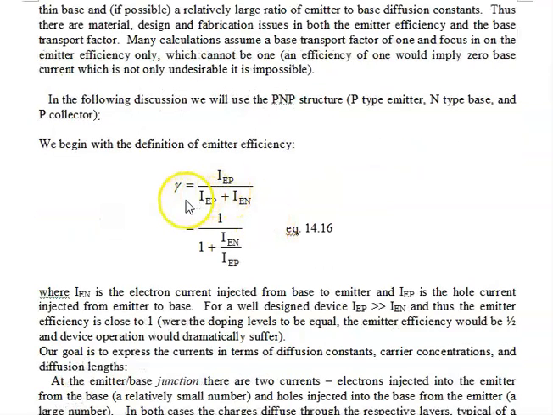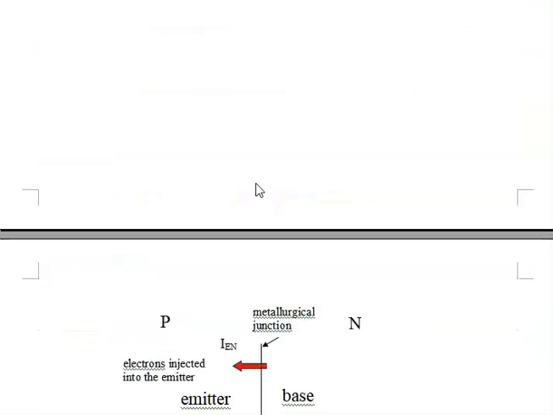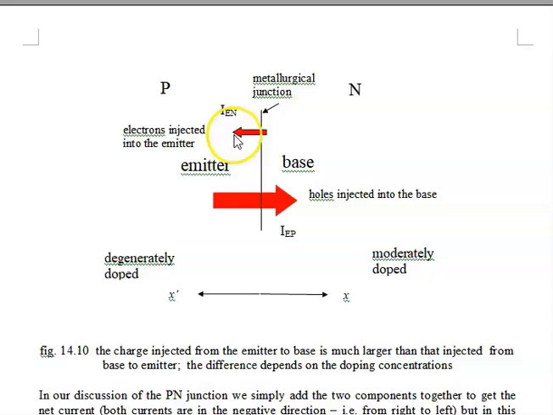Okay, so we know that the emitter efficiency is equal to this ratio, and we can write it like this, equation 14.16. Again, just another representation that we have lots of current going from the emitter to the base, and a little bit going from the base to the emitter.